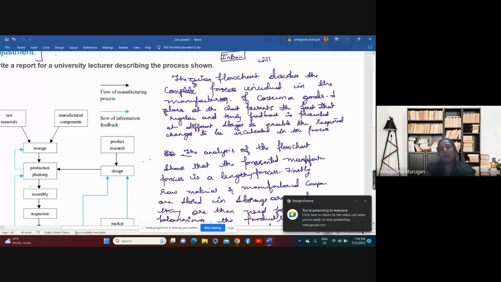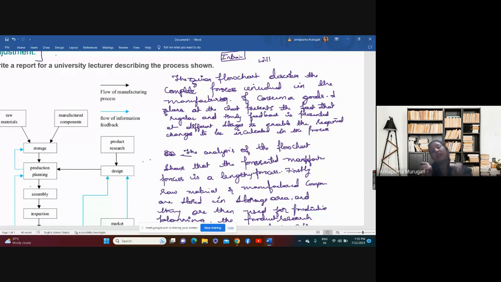Why? Because the first part, we try to keep in the present tense. Why is it present tense? Because you are trying to explain. Why I am not using the continuous form is because you are presenting a process which is already done, but you are presenting it, so it is in the present form.